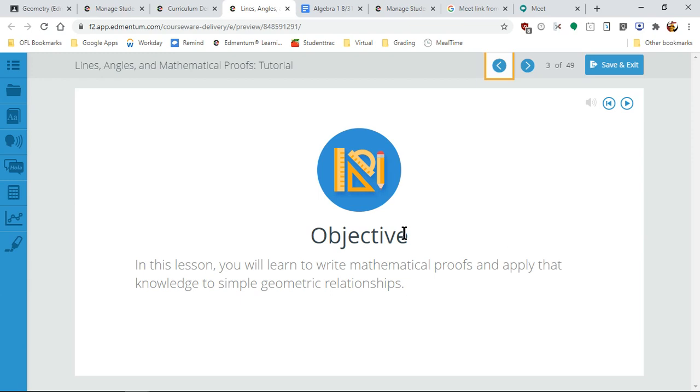So in this lesson, our objective is to write mathematical proofs and apply knowledge to simple geometry relationships. The idea of proofs is kind of like writing an essay. When you write an essay, you have to prove your point across.